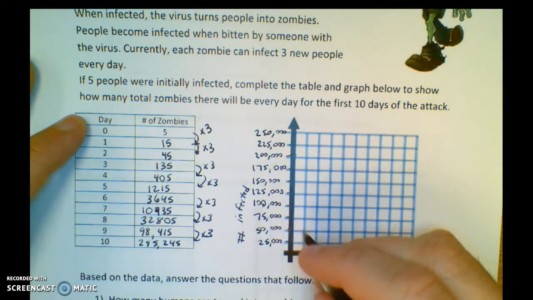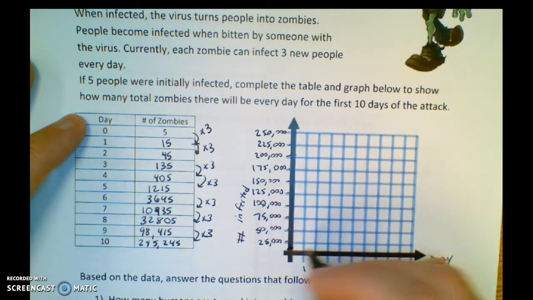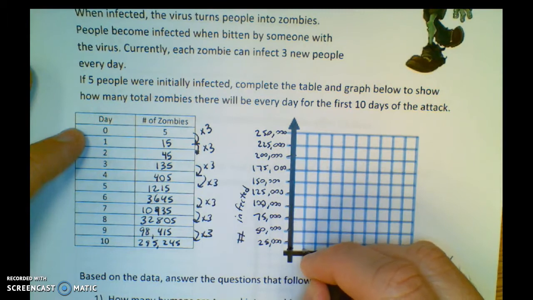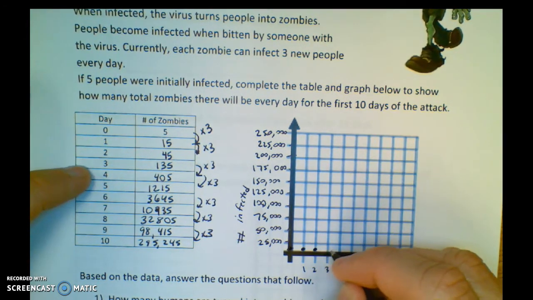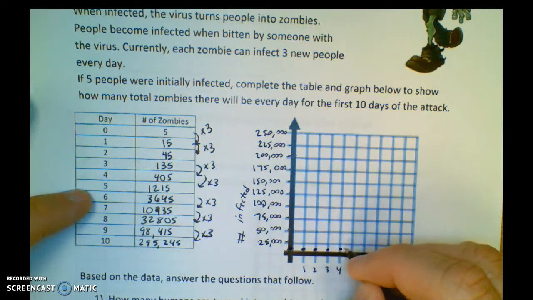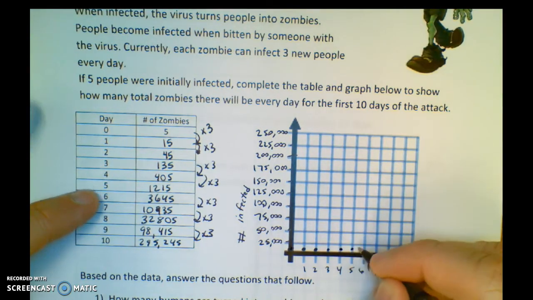So the first day we had 5. That's going to be right there on the y-axis and not very high at all because we're going by 25,000s. 1 is 15. That's also going to be pretty low. 2, 45. Again, we're not really moving up. 3, 4. Finally, by the time we get to day 5, we start to go a little bit higher into the thousands.